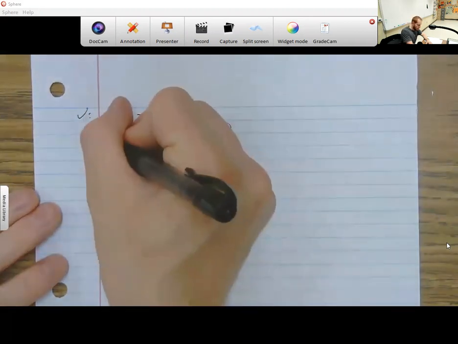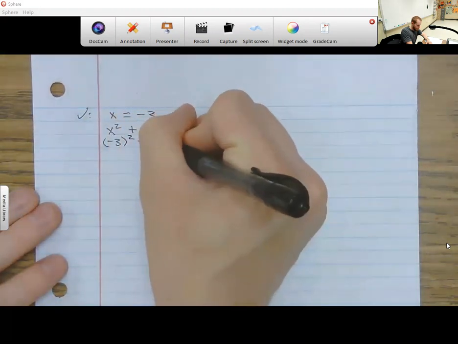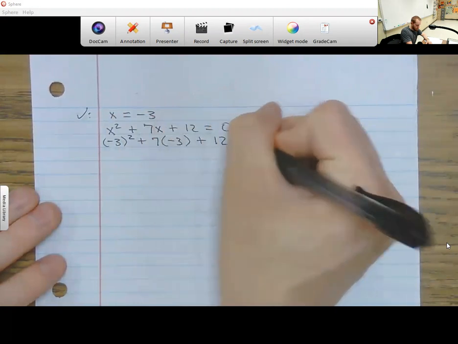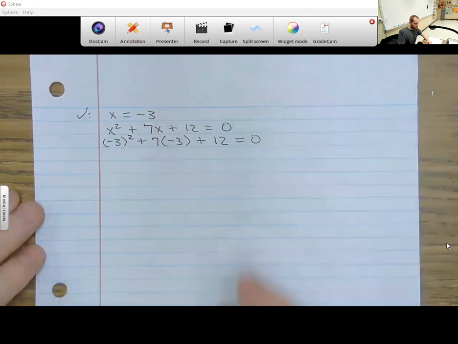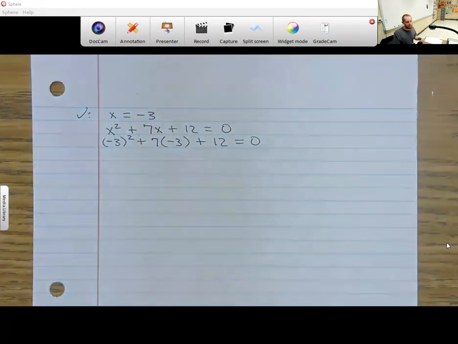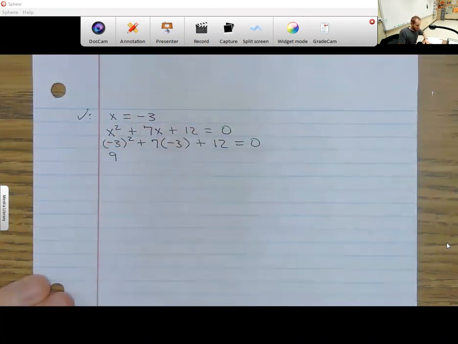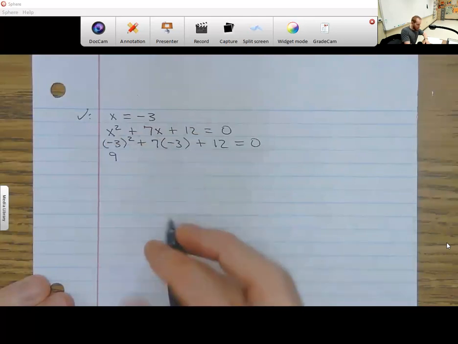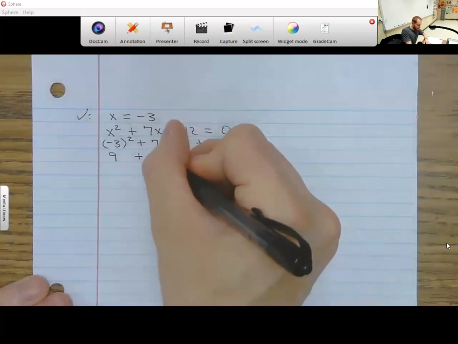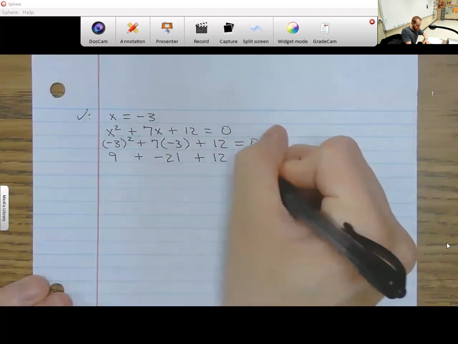So I'm going to let this be a -3, square that, plus 7 times -3 plus 12 equals 0. Okay, so -3 squared, that's going to be positive 9, right? Positive 9. And then over here, I have a plus 7 times -3, that's -21, plus 12 equals 0.